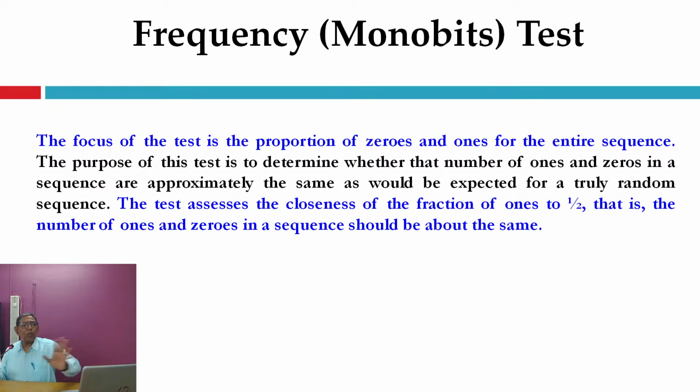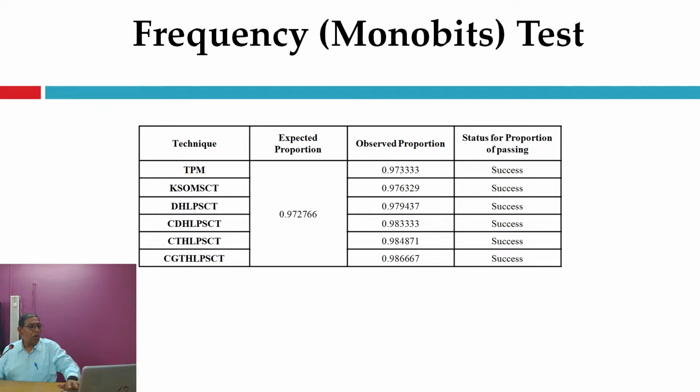So first is the frequency test, which is for the monobit. Already we have discussed it. For the monobit test, you see we have 1, 2, 3, 4, 5, 6 networks. We started with the three parity machine, then the SOM network, double hidden layer, chaos, double hidden layer, chaos, triple hidden layer, chaos, group tuning.